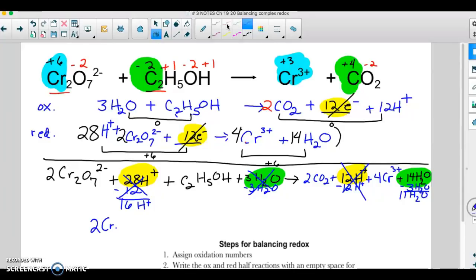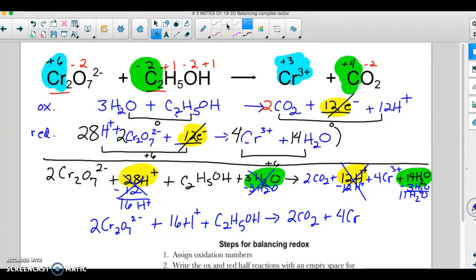I have the 2 dichromate ions plus 16 hydrogens plus the ethanol. We'll learn how to name that in the next unit. And then we're going to get carbon dioxide, the 4 chromium plus 3s, and 11 waters.